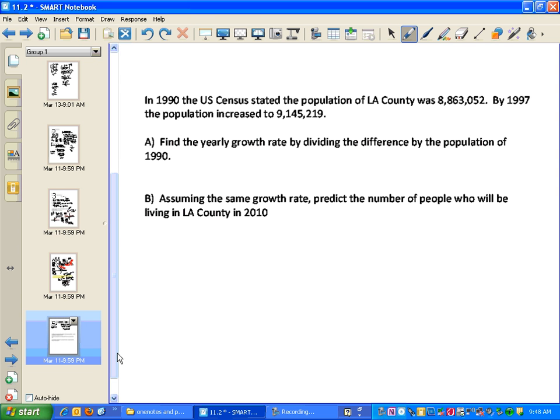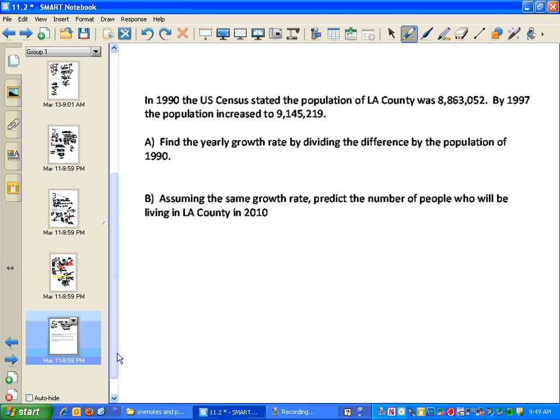So we're going to subtract, right? 9145219 minus 8863052.